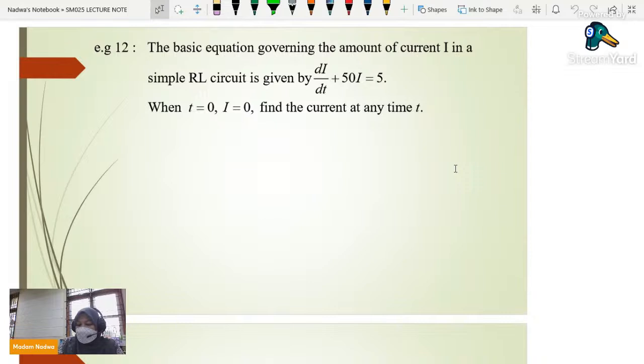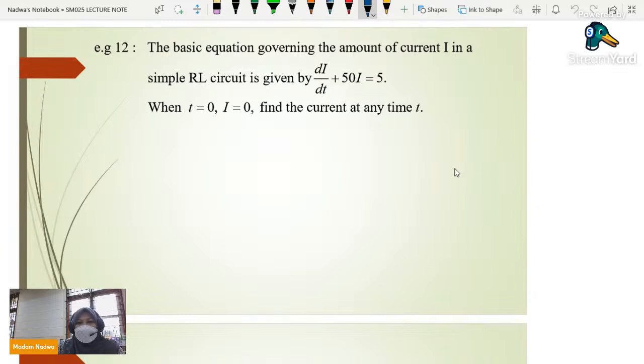So current yang awak belajar dalam fizik, electric. So those yang nak further dalam electrical engineering must be very familiar with this one. Current. I. The symbol for current is I. Tak bolehlah suka hati. Kita tahu dalam law of physics, current dia punya simbol adalah I. Kita tak adalah nak pakai lambda ke delta ke apa. So selalunya current yang kita pakai I.